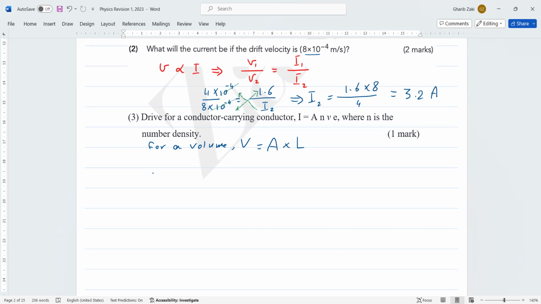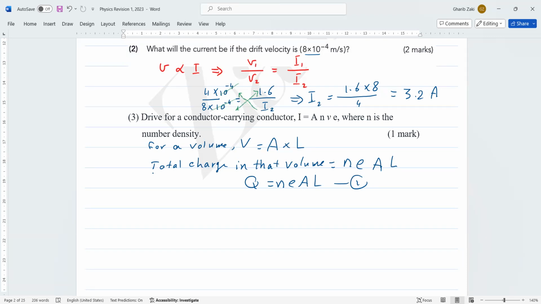The total charge in that volume equals N E A L. This is the total charge. So Q equals N E A L. Let this be equation number one.